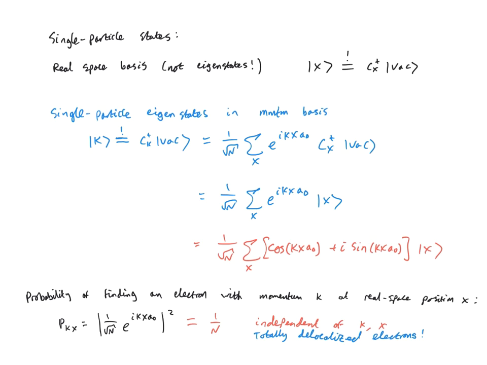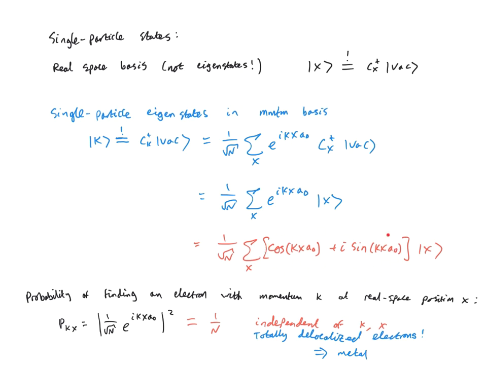So the electrons are really spread out over the whole system in the eigenstates, and therefore this is certainly a metal, because the electrons are totally delocalized. Also notice that all the different momenta are basically equivalent in terms of where you can find the electrons, what the probability density is. And yet, if we actually look at the structure of these states, there is phase information in here.